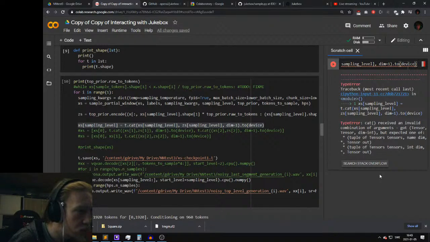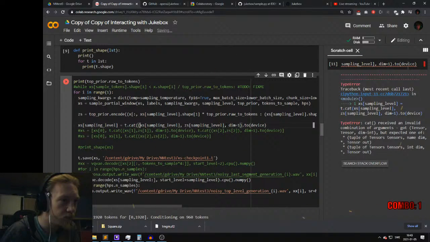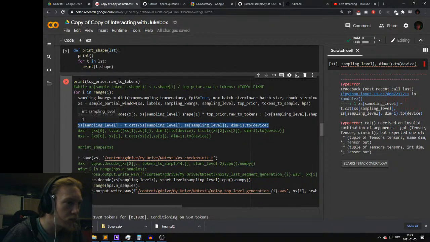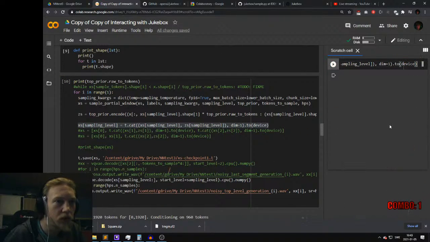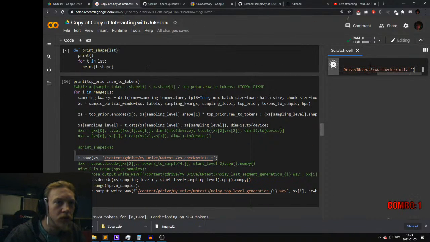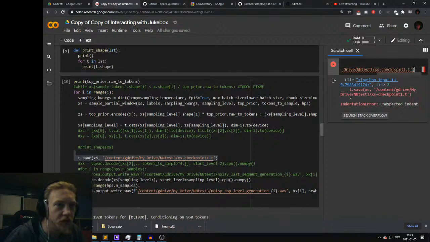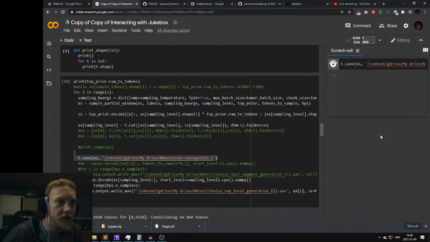I have to do this. Okay, that did work. And now I will save it. Unexpected indent. Why are you like this? Thank you. Axis is now saved.